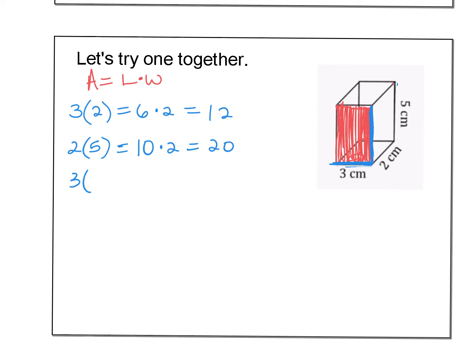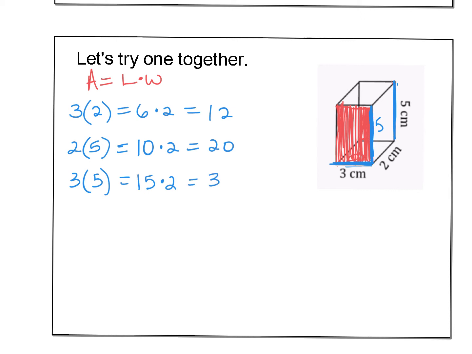However, I can see that this 5 right back here is the length of that identical side. So that means that this one is also 5. All right, so I've got 3 times 5, which gives me 15, and because the front and the back are identical, I multiply it by 2 because there are 2 of those sides.